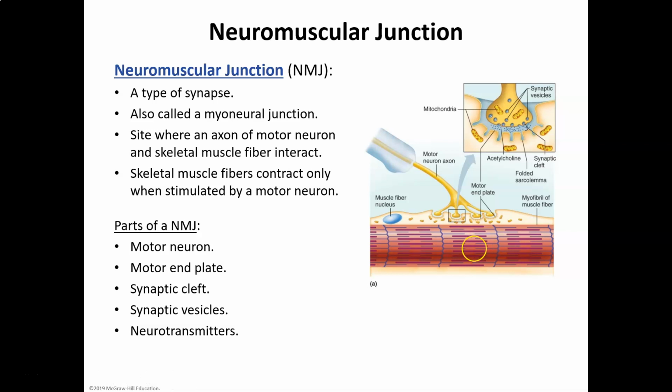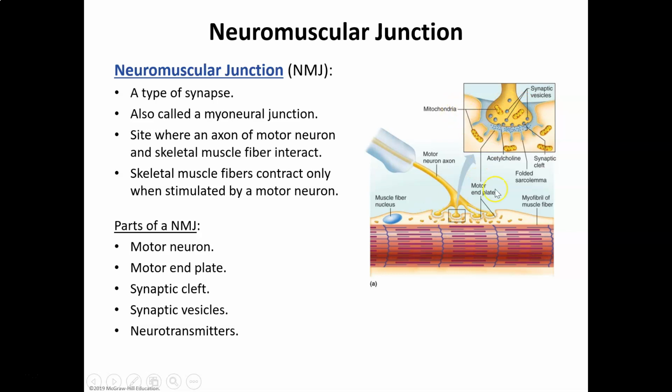It doesn't do anything. So here are the parts of a neuromuscular junction. NMJ is the shorthand for neuromuscular junction. You've got a motor neuron. There it is, the motor neuron. You have the motor end plate. The motor end plate is considered the part of the muscle fiber, the sarcolemma, where the end of the axon meets.